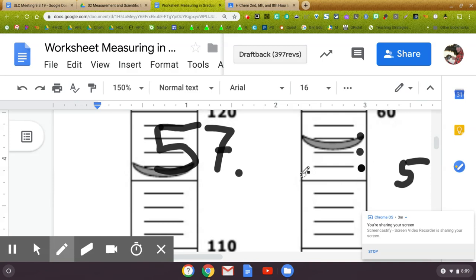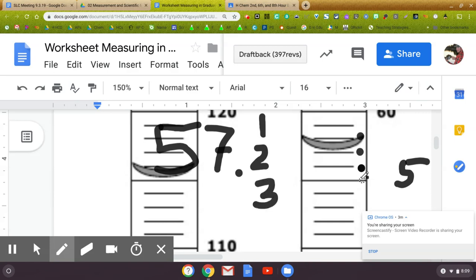Now, what that point something is, that's where we have to estimate. So we can't have any question about the 57. That's for sure because it's between the 57 and the 58 line on the graduated cylinder. How far past that line, that's where we have a question. So 57.1 would make sense, 57.2 would make sense, 57.3 would also probably make sense.